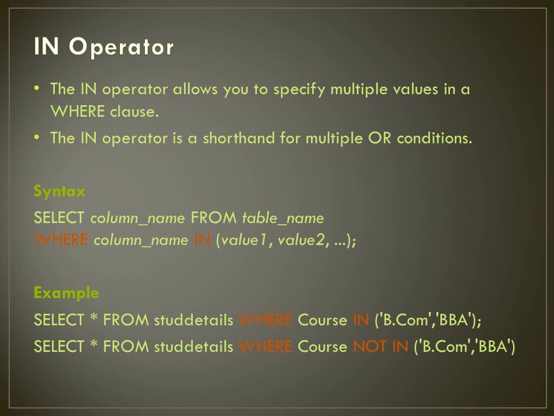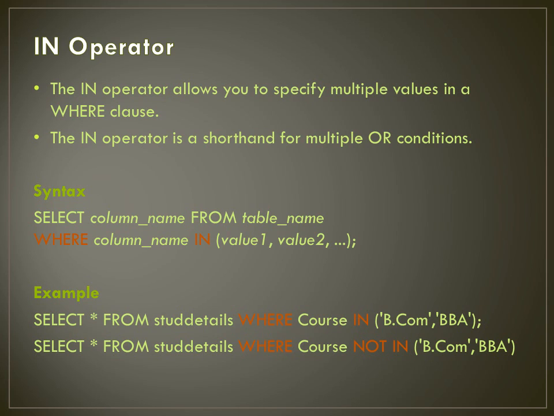Next, see the in operator. The in operator allows you to specify multiple values in a where clause. The in operator is a shorthand for multiple or conditions. Syntax for this is select column name from table name where column name in, within brackets we specify the values, value 1 comma value 2 etc. Example, select star from student details where course in, within brackets, BCom comma BBA.